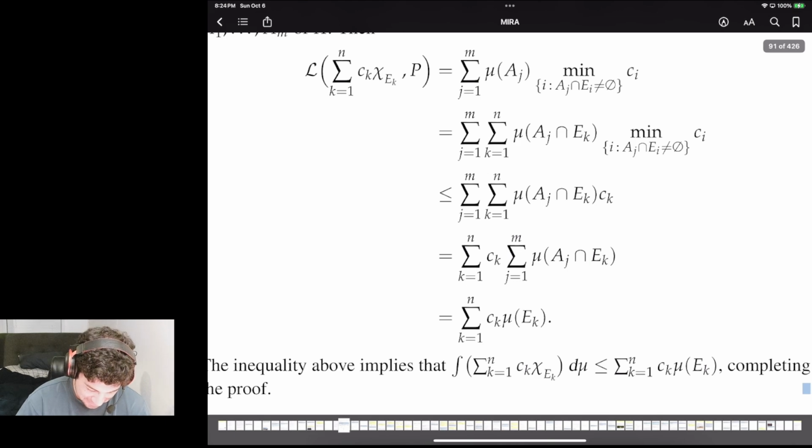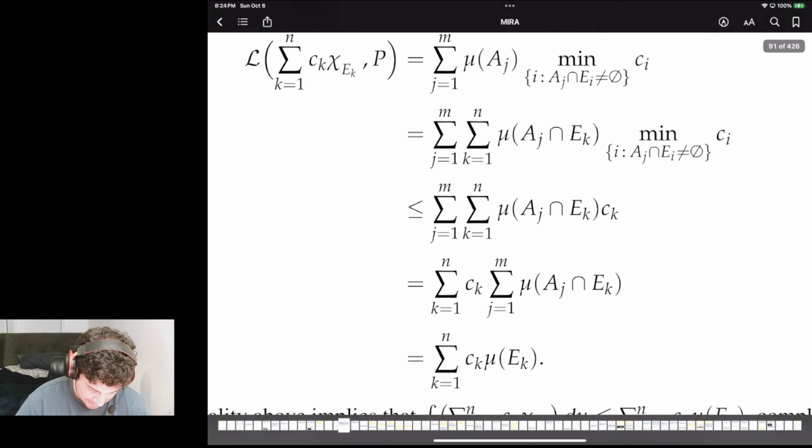Okay. Why is this bigger in general than the min? Yeah, that's what I'm thinking, but I'm not sure why.